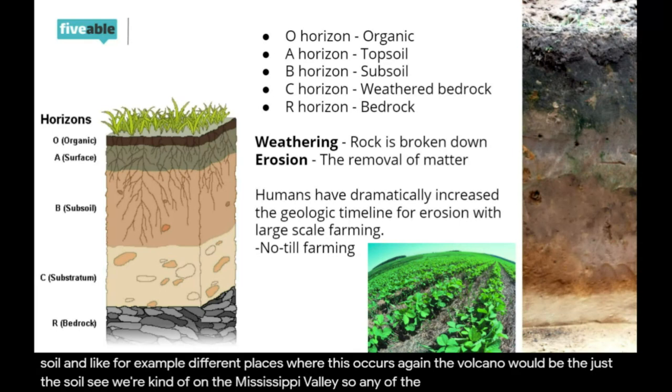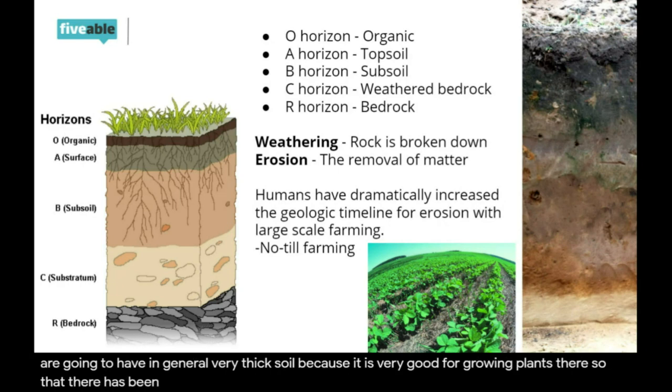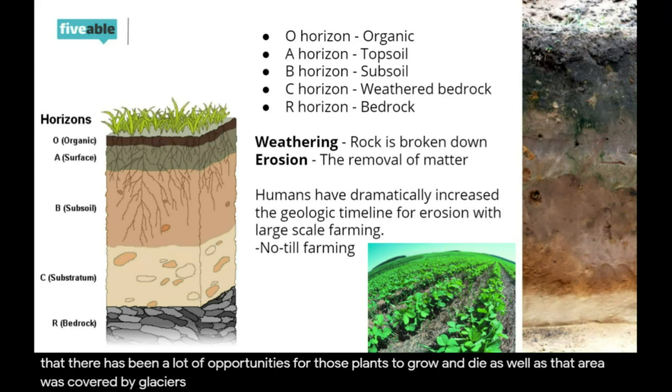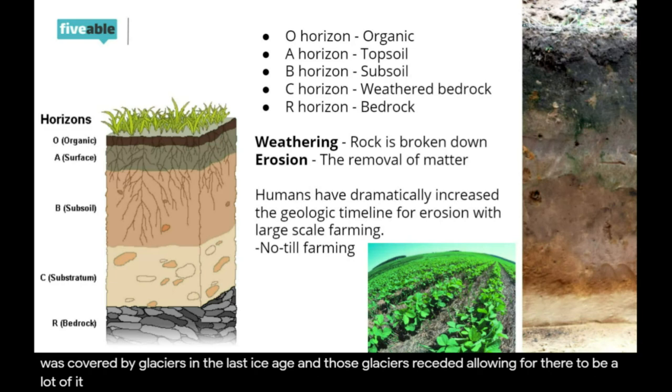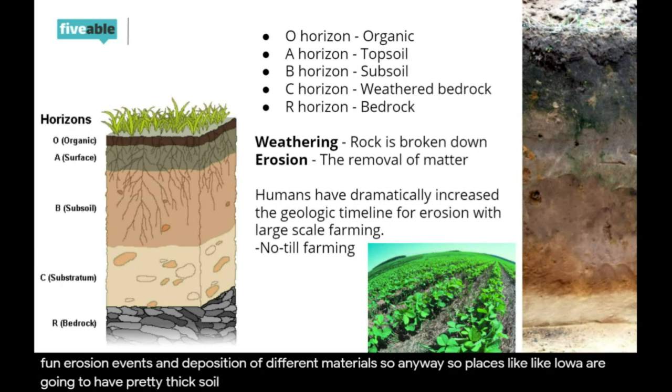Any of the very interior states in the US are going to have, in general, very thick soil because it is very good for growing plants there, so there has been a lot of opportunities for those plants to grow and die, as well as that area was covered by glaciers in the last ice age, and those glaciers receded, allowing for a lot of erosion events and deposition of different materials. So places like Iowa are going to have pretty thick soil layers.